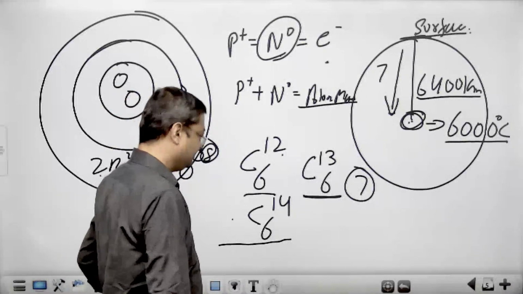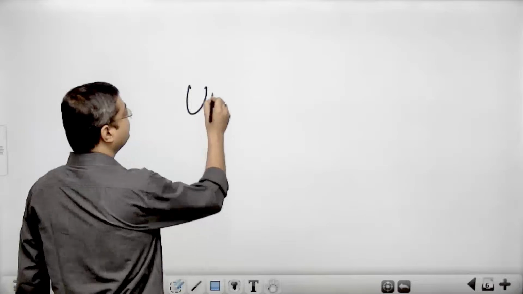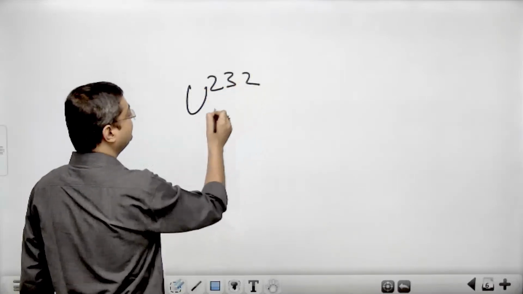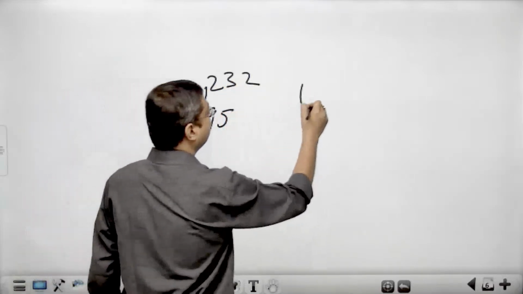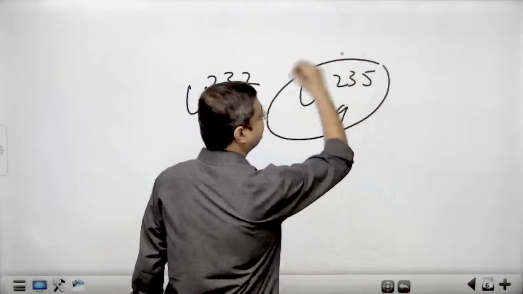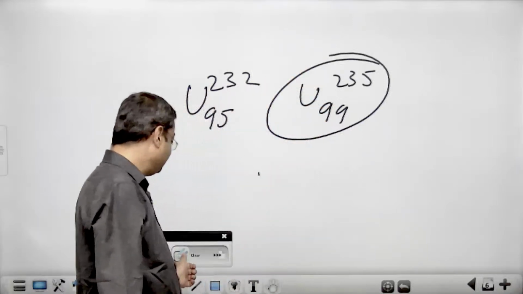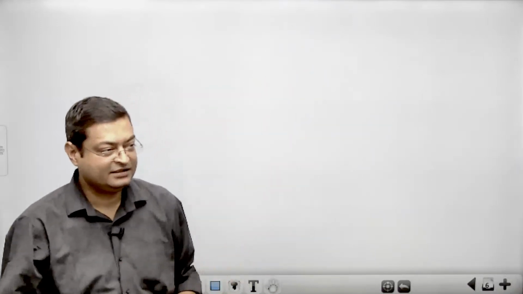Similarly, if I take the case of U-92-235, you see the number of neutrons is very high. So if the number of neutrons is very high, the atom becomes unstable. It is going to go for radioactive decay, and that decay is different for different elements.